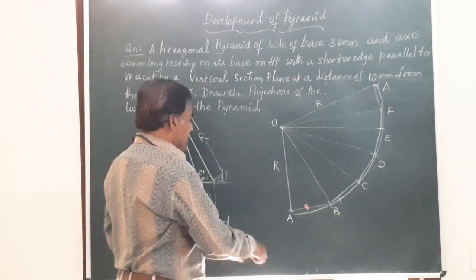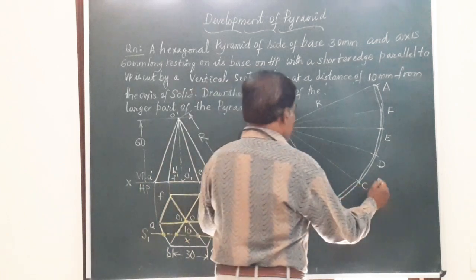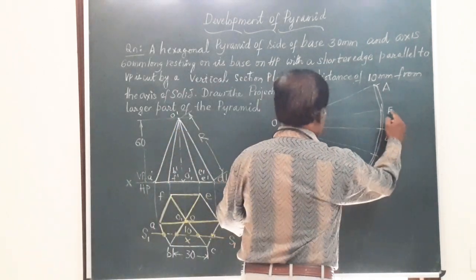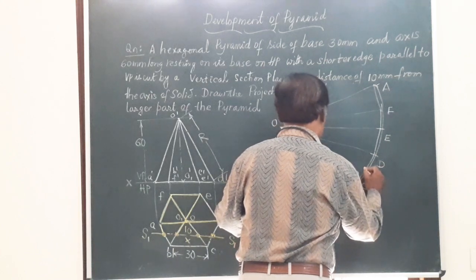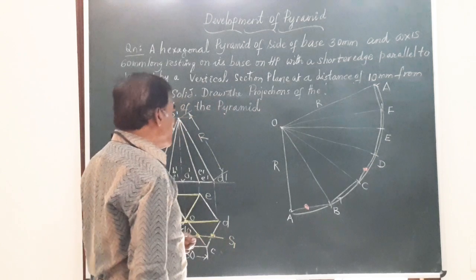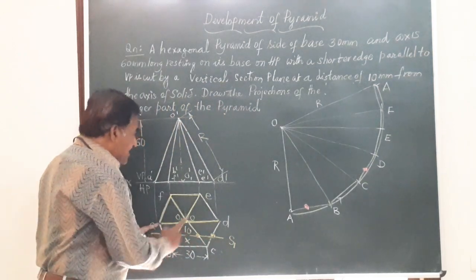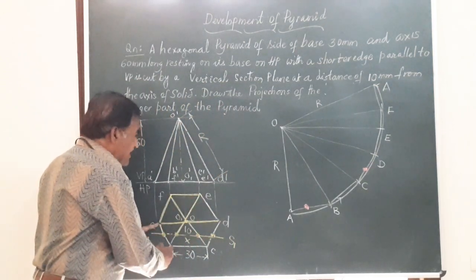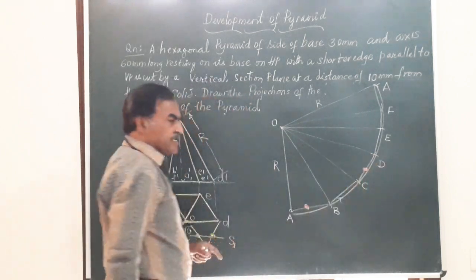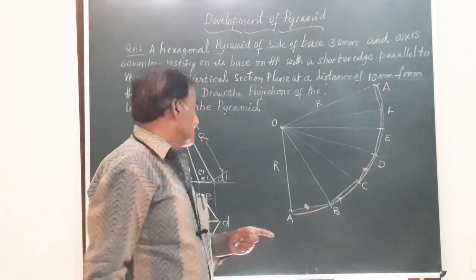So again from C, you will just take the distance on CD. Say this is the distance on CD, this other point. So these are the 2 points where the section plane is cutting, the shorter edge AB and the shorter edge CD. We got 2 points. We will name these points later on.